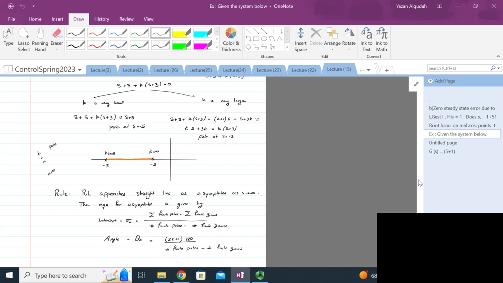We call that the intercept, which is given by the summation of finite poles minus the summation of finite zeros over the number of finite poles minus the number of finite zeros. And we have the angles that these asymptotes are going to make, which is equal to this formula here. Good? So let's see what all this means.